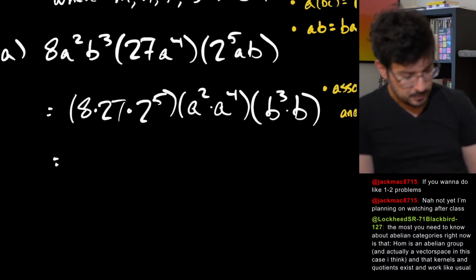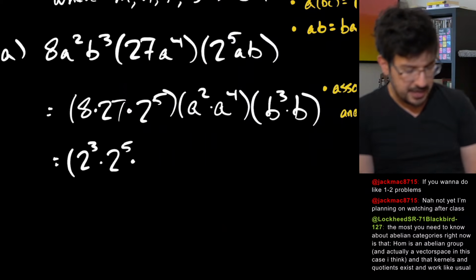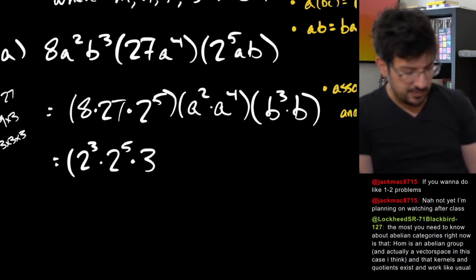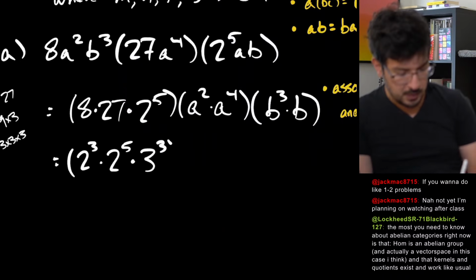Now, 8, I can write as 2 cubed. 27, well, let's do 2 cubed, and then rearrange and do a commutativity swap. 2 to the 7th, you can convince yourself that that is 9 times 3, and 9 is 3 times 3. So 27 is 3 cubed.